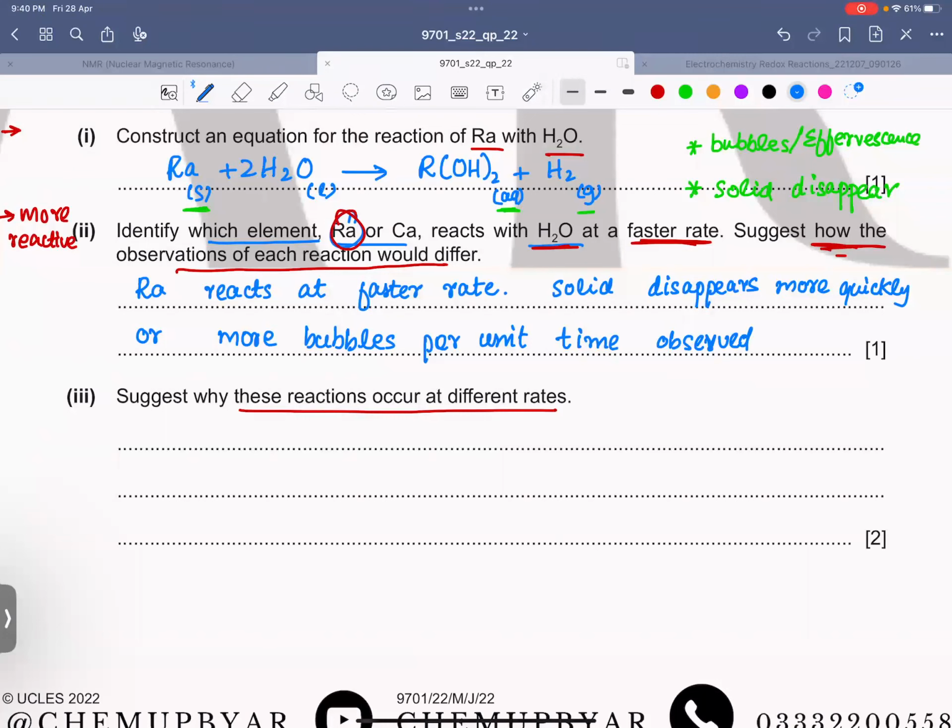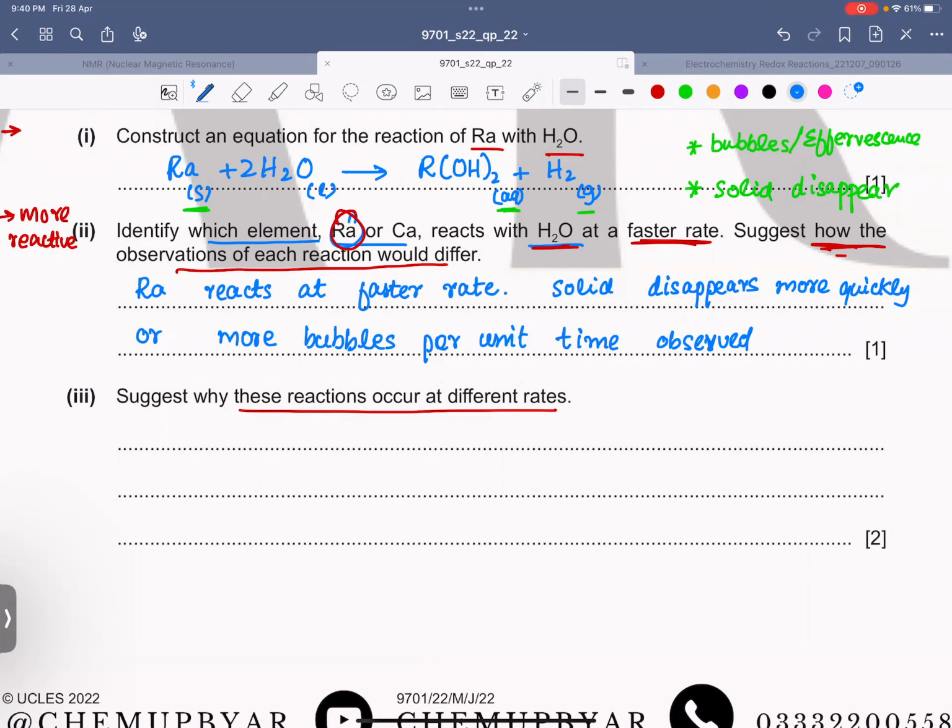Ionization energy, right? So calcium also loses the electron and radium also loses the electron, but the outermost electron in the case of radium is actually further away from the nucleus. That's why its ionization energy would be lower. That's why it loses electrons more readily, and that makes radium more reactive, right?